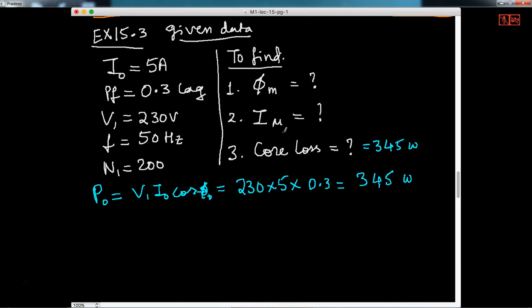Now, how to find I mu? First let us find sin phi naught. What is phi naught? It is cos inverse of 0.3.